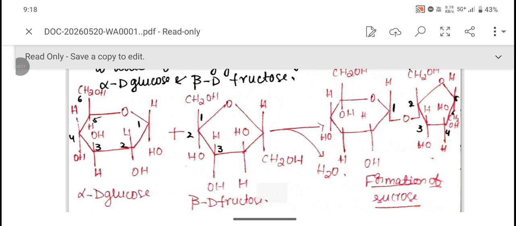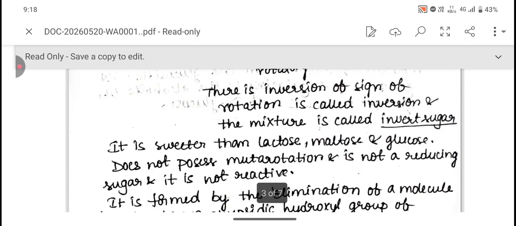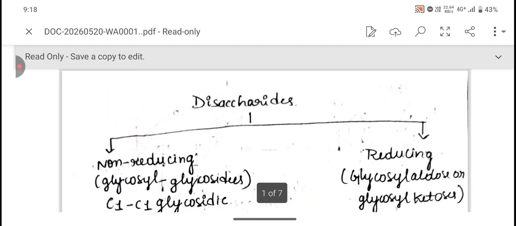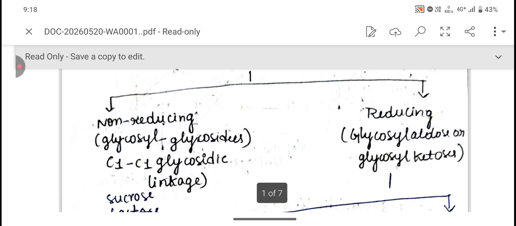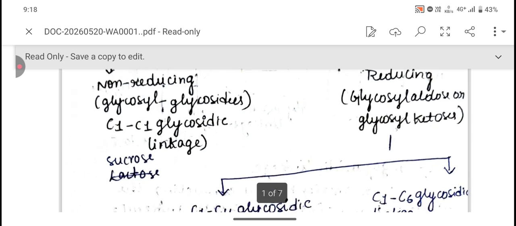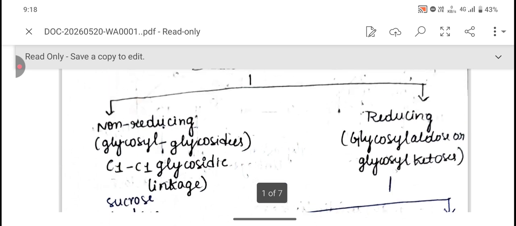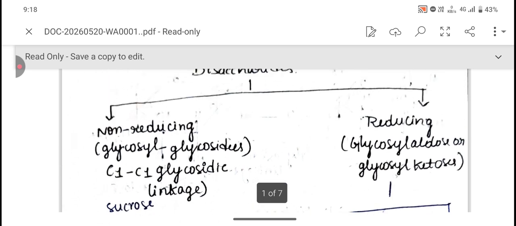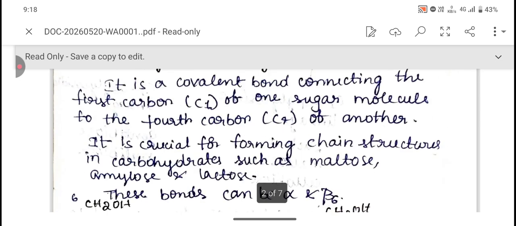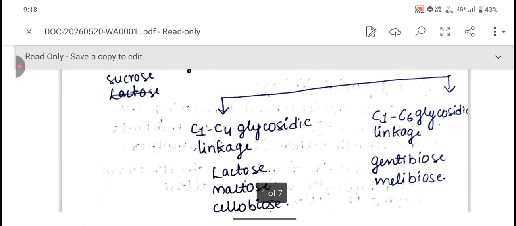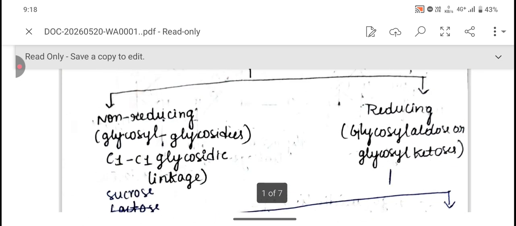So sucrose is the non-reducing disaccharide. This is a brief introduction about disaccharides, their classification, and the non-reducing disaccharide sucrose. I hope you understood this lecture. In the next lecture, we will continue with the reducing disaccharide units. Thank you.